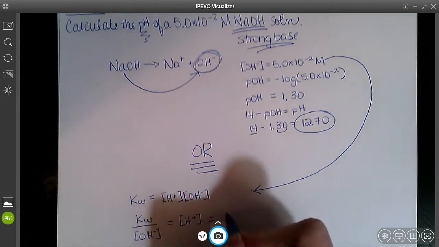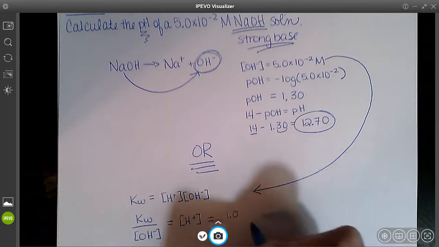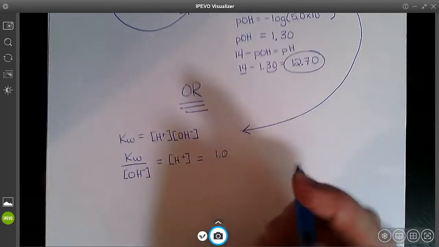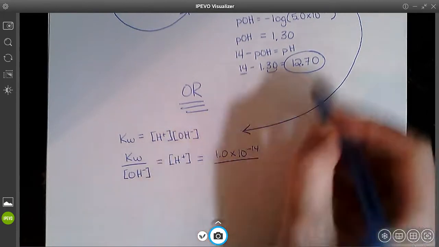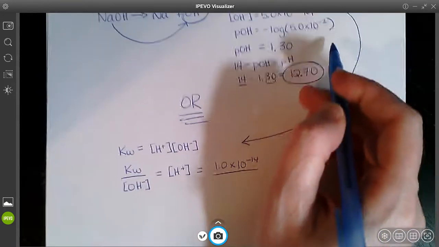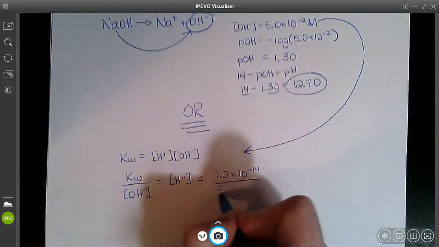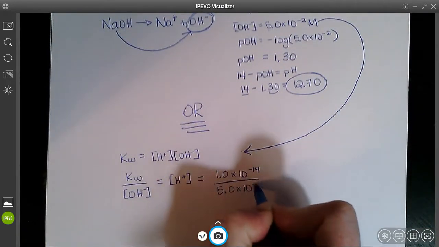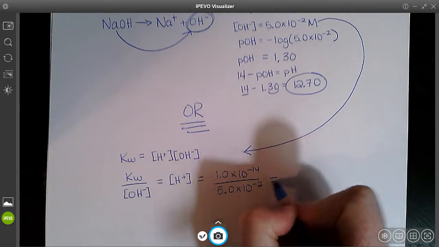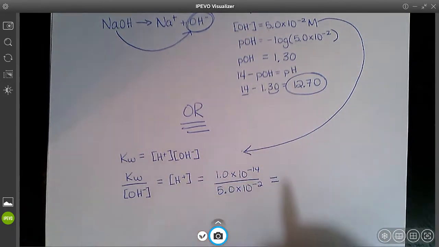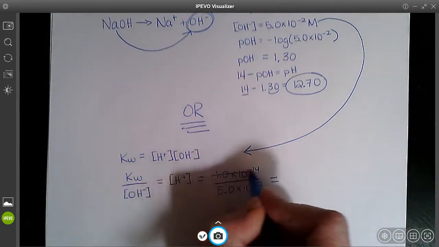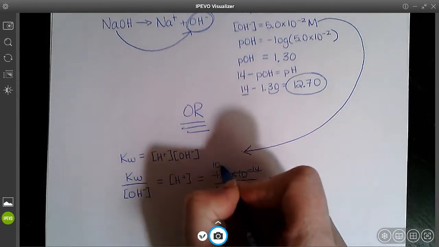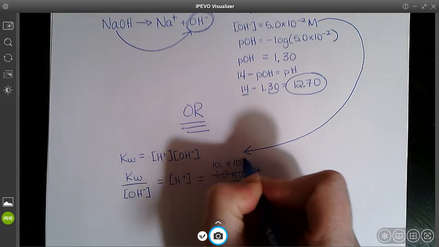So Kw we know is 1.000, it's an absolute, you're not looking at it for sig figs, times 10 to the negative 14th, divided by, I had calculated my OH concentration, let's bring that down a little bit, 5.0 times 10 to the negative second. If I wanted to do this in my head without using a calculator, I would rewrite this top one as 10 times 10 to the negative 15.